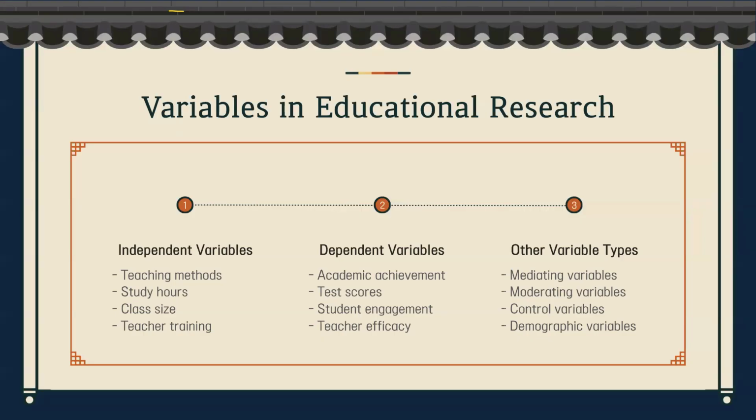Dependent variables are the variables that are measured or observed, like academic achievement or student engagement. Other types are mediating variables, which explain how or why, and control variables, which we account for statistically.